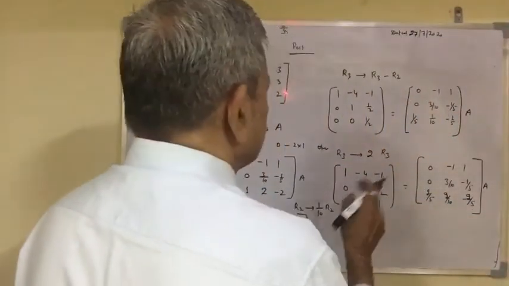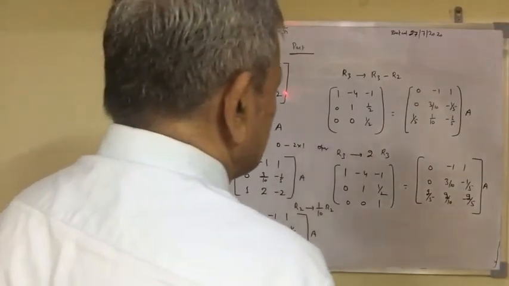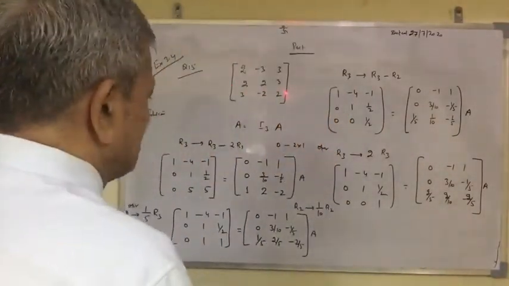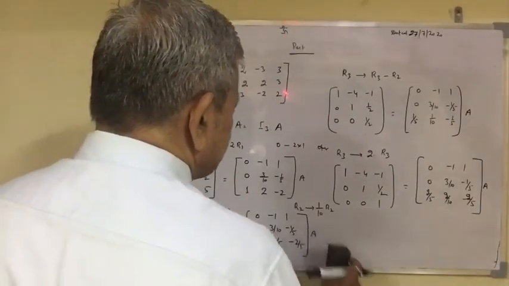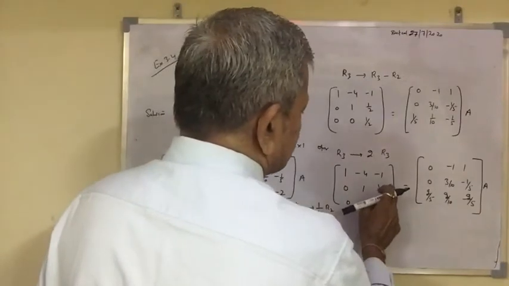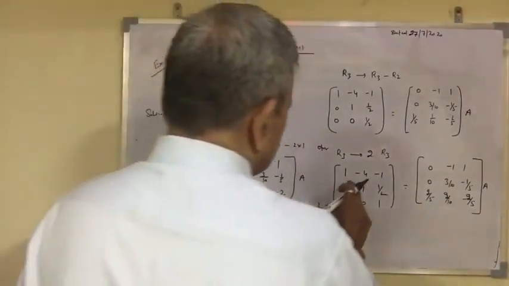So I multiplied 2 times R3. So I'll write down 2 of 2 by 5, 2 by 10, 2 by 5 minus. Okay. So this is the last operation, and afterwards you would find up to this mark we have done. Now we are left with these two terms. So I'll go with this part.